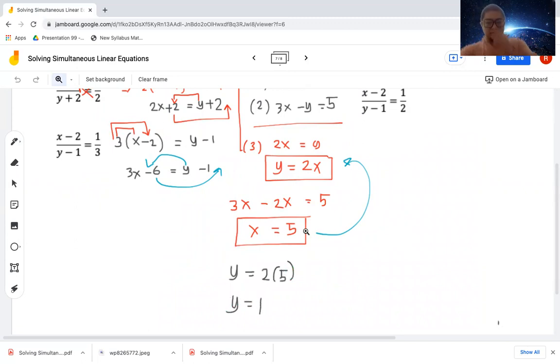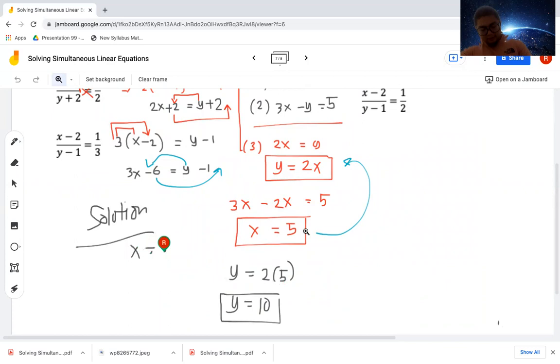All right, so meaning to say, the solution for these equations is that x is equivalent to 5 and y is now equivalent to 10.